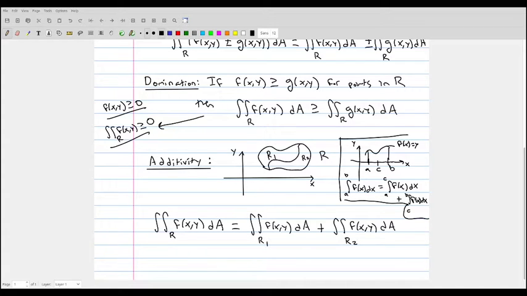But it's very, very powerful for us because what it allows us to do is take very complicated domains and compute the double integral over those domains by adding the double integral over simpler pieces and simpler portions of the domain. So these are the four basic properties that we have for the double integral, and it really helps us calculate the double integral on any domain we wish to consider.